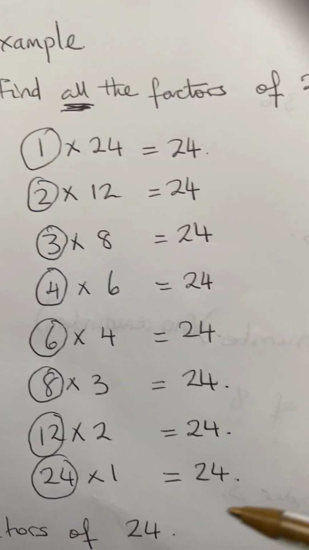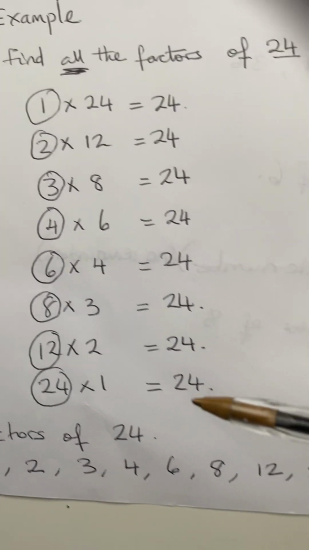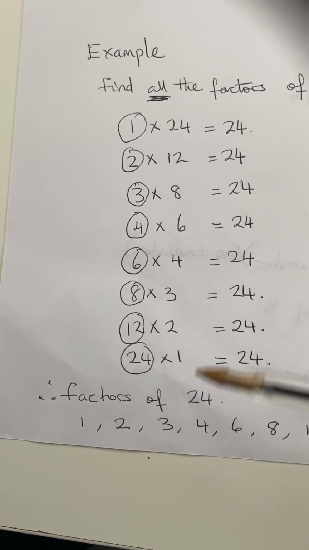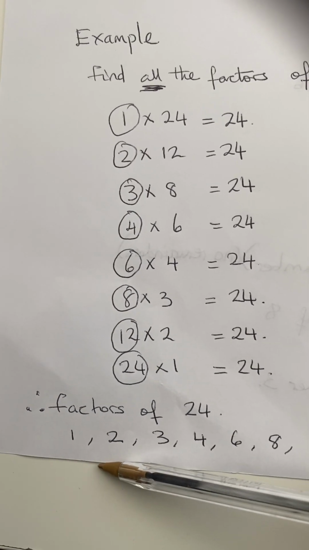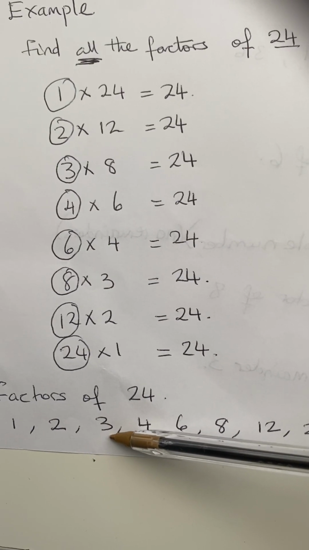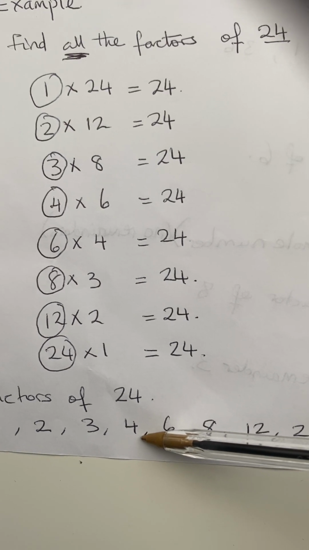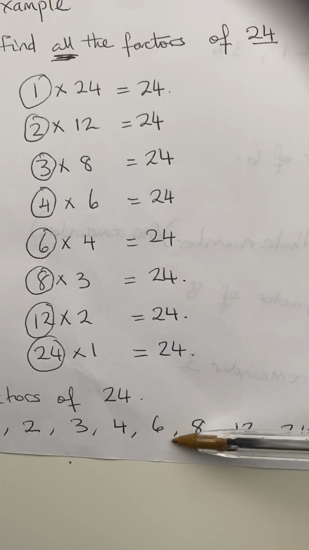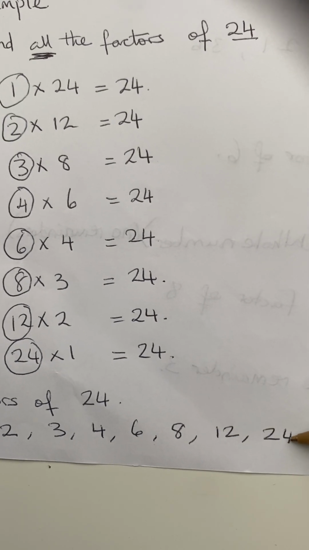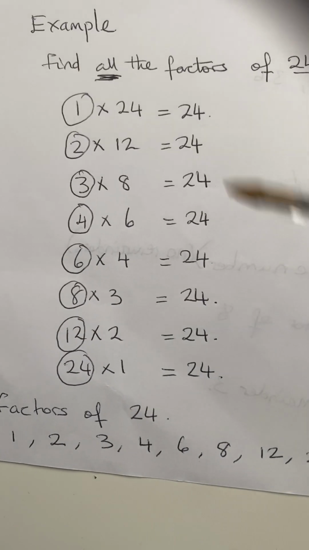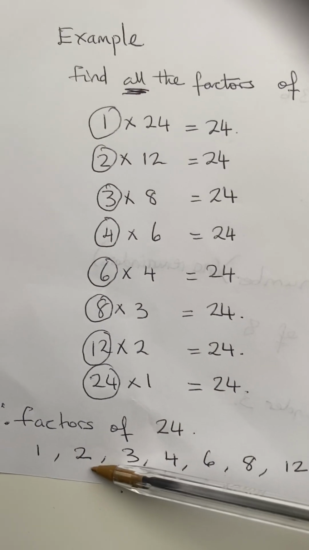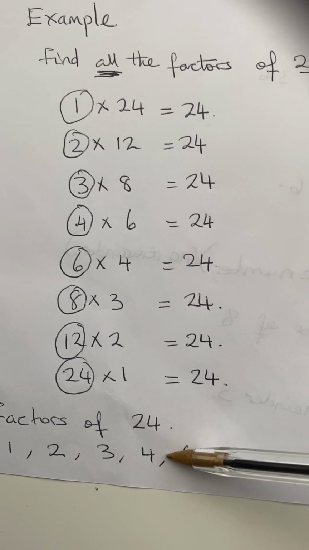All the factors of 24 here now will be 1, 2, 3, 4, 6, 8, 12, and 24.